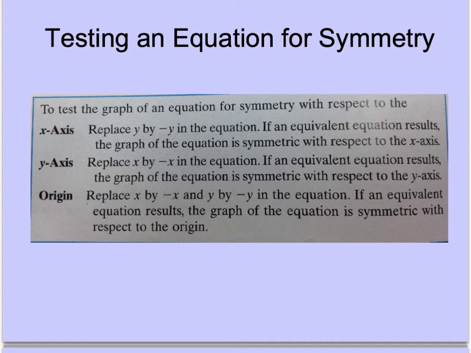Similarly, to test the equation for symmetry with respect to the y-axis, I replace x by -x, and if I get an equivalent equation after simplification, then it's symmetric according to the y-axis. If I'm doing origin, I replace x with -x and y with -y. Simplify, and if I get an equivalent equation, then it is symmetric with respect to the origin.